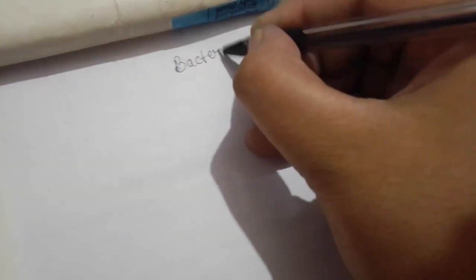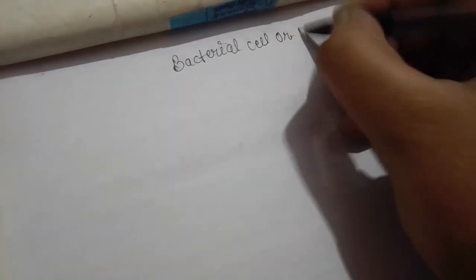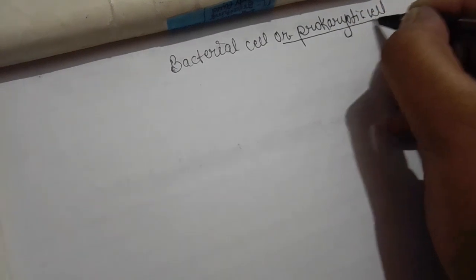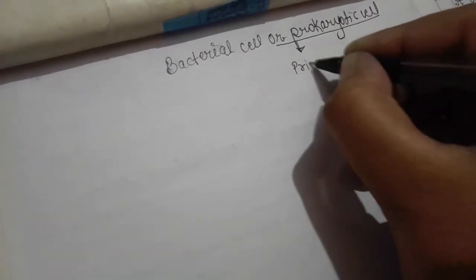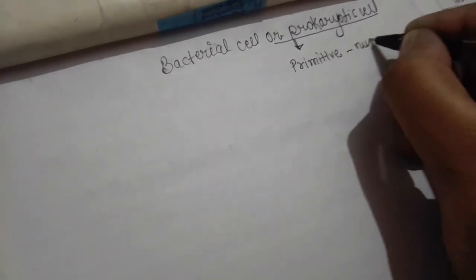If you see the structure of a bacterial or prokaryotic cell, firstly we take the meaning of prokaryote. Pro means primitive and karyon means nucleus, so they have a primitive type of nucleus.